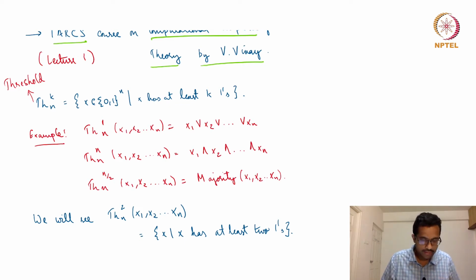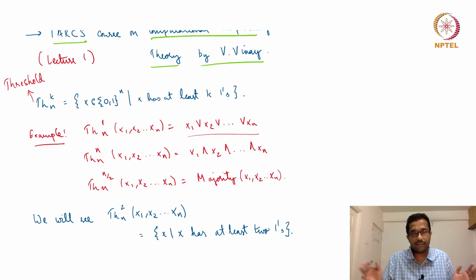So just to understand this, we will see some simple examples. When k is 1, this is the set of all n bit strings that have at least one 1, right? In other words, it's just the OR function. Basically at least one of the x1, x2, x3 up to xn has to be 1.